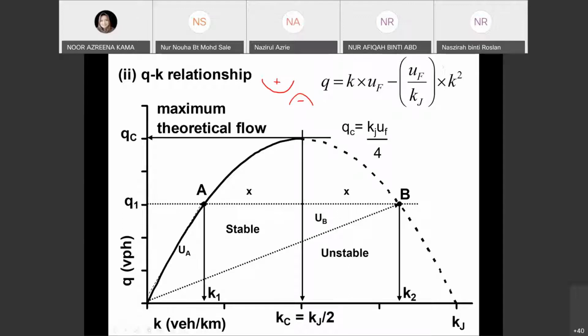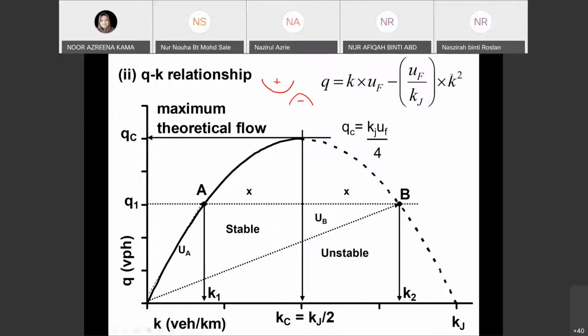Okay. Sebelum saya pergi penceritaan dia macam mana, kita tengok simbol dulu. On the y-axis is Q, vehicle per hour. On the x-axis is density in vehicle per kilometer. Then we have one value of Q, here Q1. Kalau kita tengok relationship dia, Q akan ada 2K sebab K square kat sini.